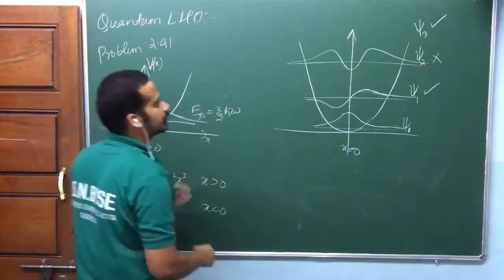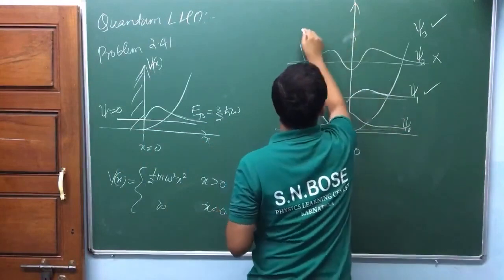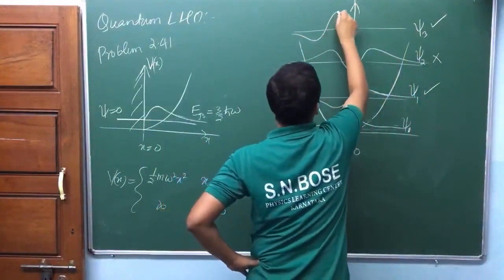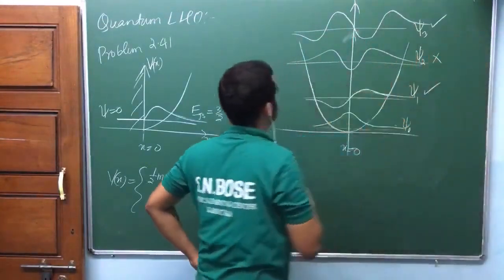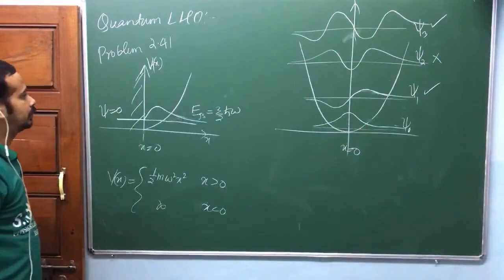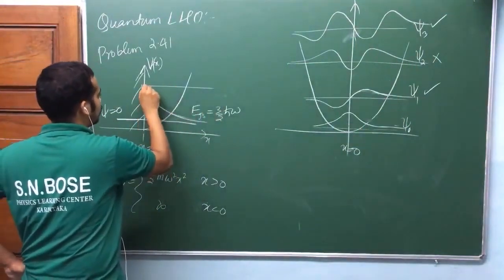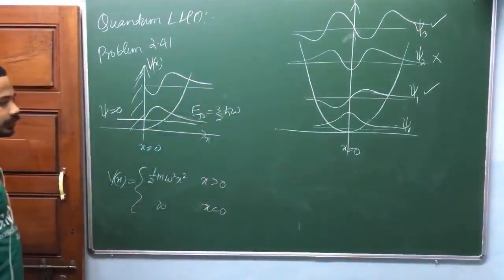What is the first excited state here? Can you guess? Can you plot this one? Start from here. Odd function. Okay, so the first excited state will be like this. Is that okay?